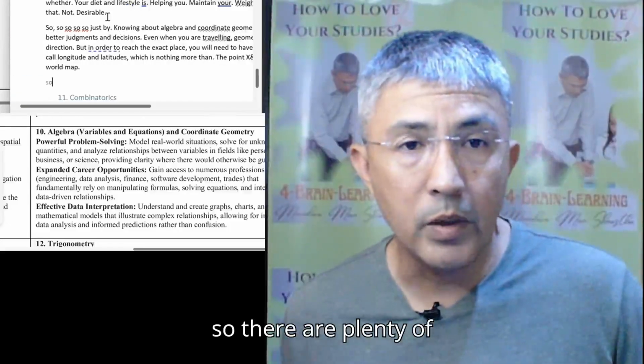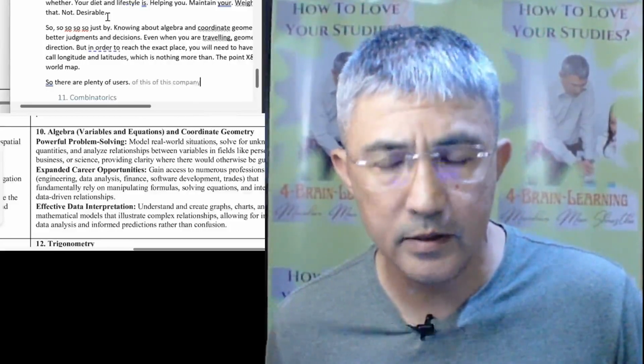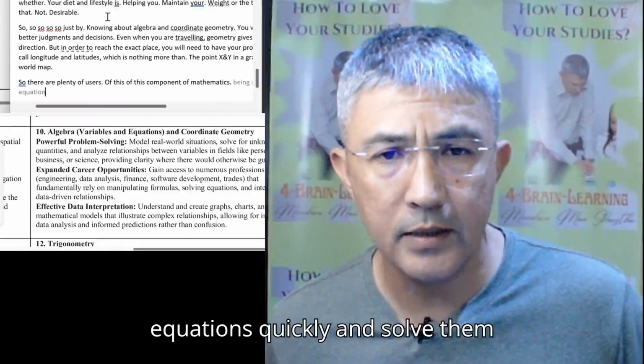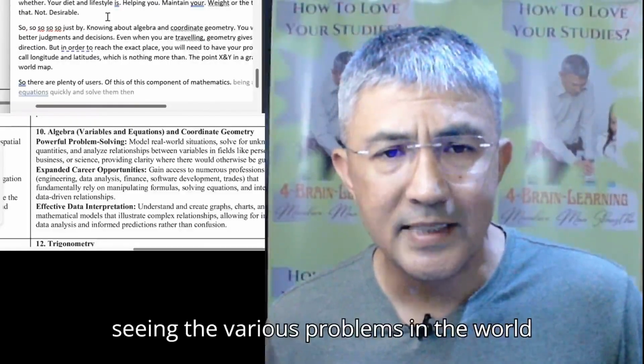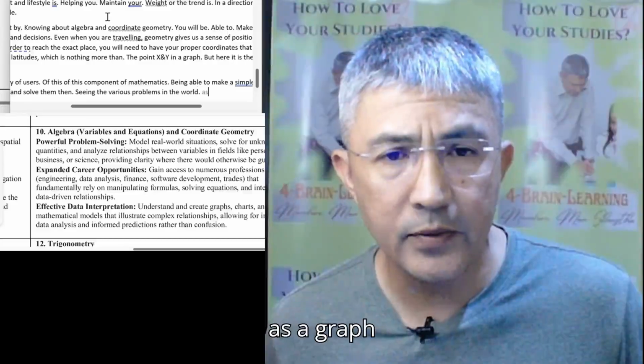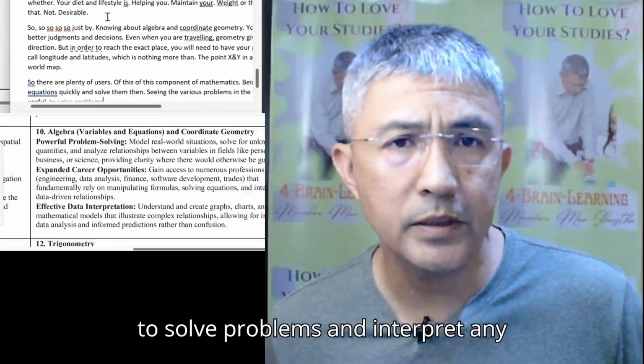So there are plenty of uses of this component of mathematics: being able to make simple equations quickly and solve them, then seeing the various problems in the world as a graph is very useful to solve problems and interpret any data.